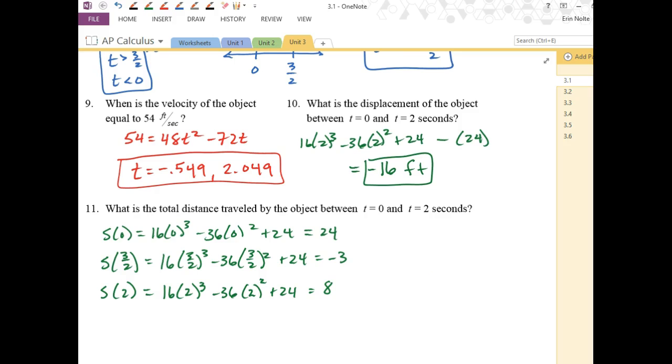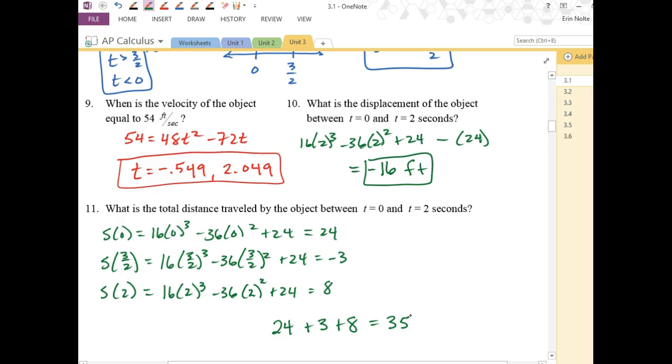To get the total distance, I'm going to add all positive numbers. Notice on the 3/2 I got a negative number, but I need a positive distance because we're talking about the total distance traveled. So I'm going to add 24 plus 3 plus 8 to find total distance. So 35.